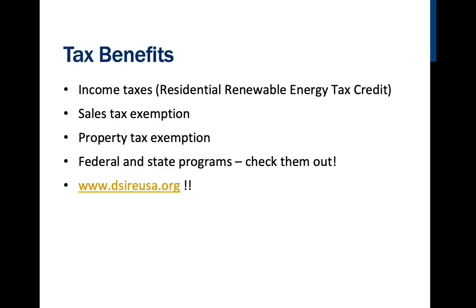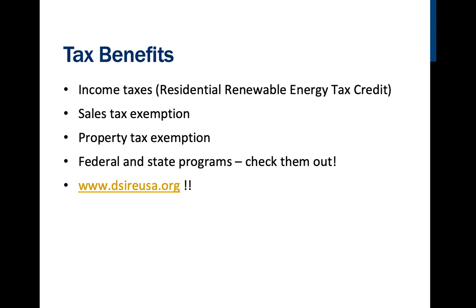Tax benefits. There's the federal tax credit, which is 30% right now, up until the end of 2019. So if you have a system, it needs to be installed and commissioned before midnight, December 31st, 2019. At January 1st, 2020, that tax credit bumps down to 26%. Then it bumps down again, and then eventually sunsets.